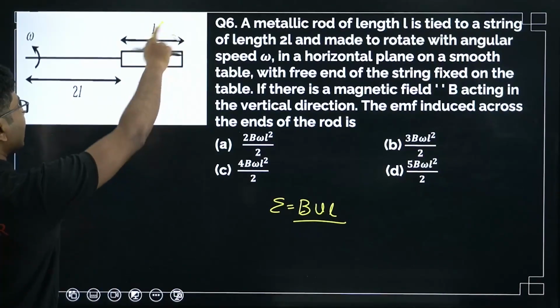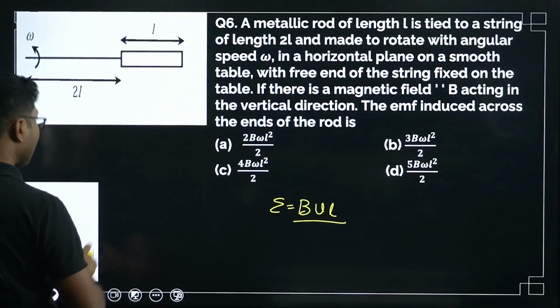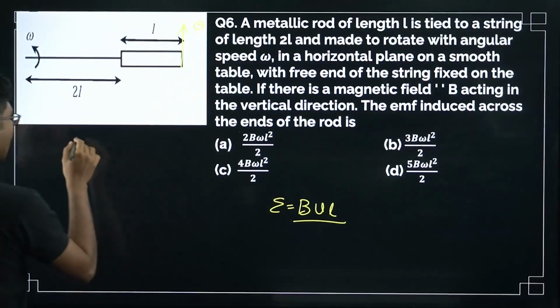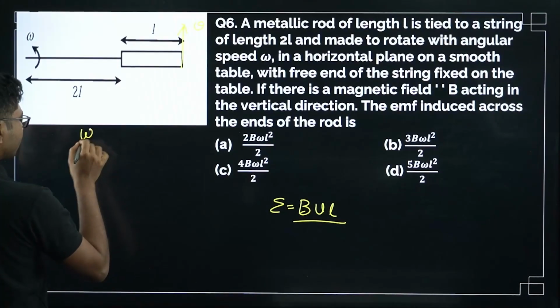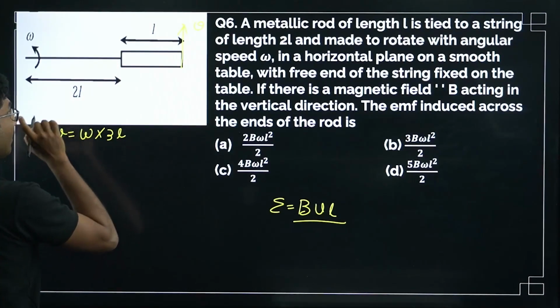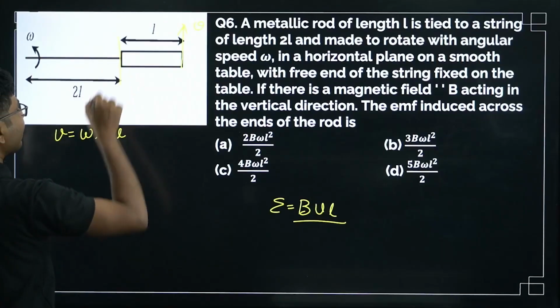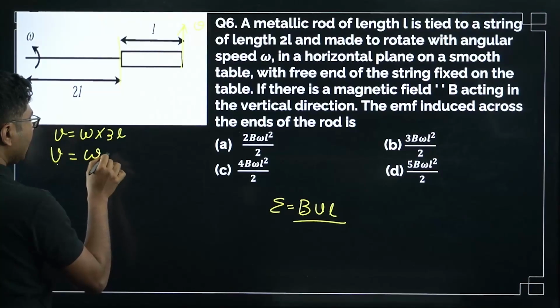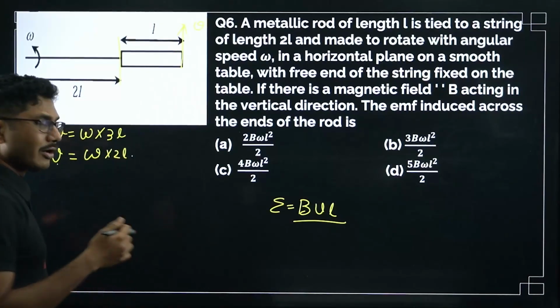So here, what is the V at the extreme end? V at the extreme end, suppose, is V. Angular speed is omega, so V is equal to omega into 3L, right? That is the V at this point. But V will have a different value over here. V here will be omega into 2L. Okay, so you cannot calculate like this.